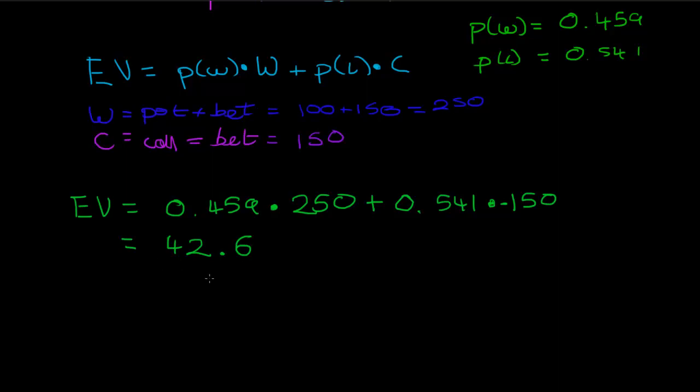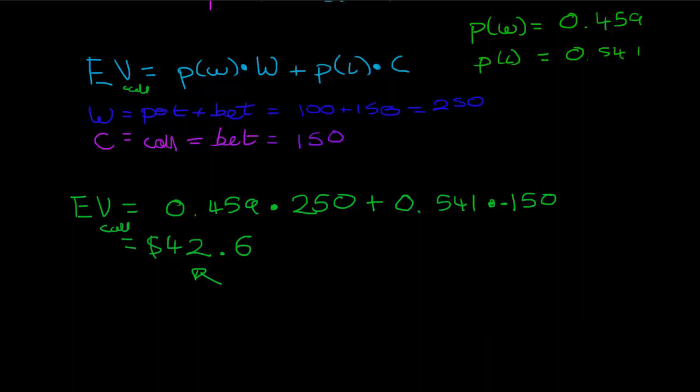So our expected value is a positive number. Now, just because our expected value is positive for a certain action does not mean that we should necessarily take that action, because another action may be more profitable. I should write down EV of a call here. So the expected value of a call is 42.6, let's say dollars.